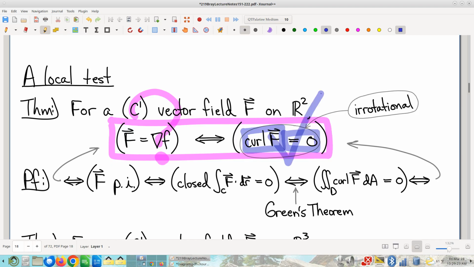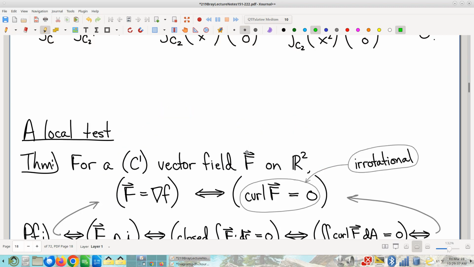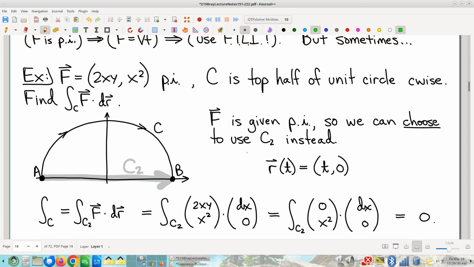If you do get 0, then that vector field is a gradient, and of course we already know gradients are path independent. So that's the beautiful little test, and by the way, you can execute that here. Compute the curl of that vector field. Very easy computation. You do get 0. Boom, done. That means path independent.